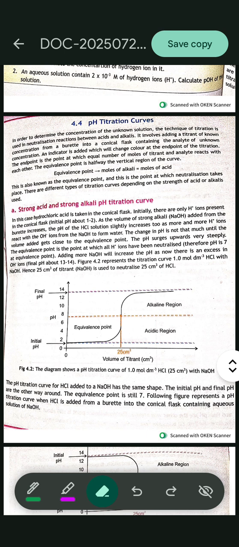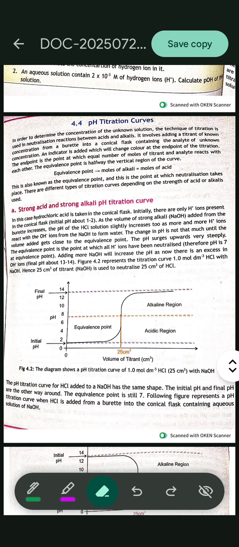The end point is the point at which equal number of moles of titrant and analyte react with each other. The equivalence point is halfway up the vertical region of the curve. So the equivalence point gives us the moles of the alkali, which is equal to moles of the acid. In titrations in chemistry, we use neutralization reactions.